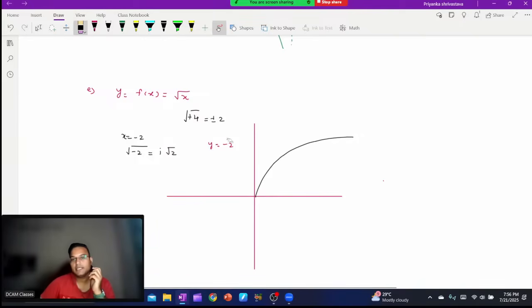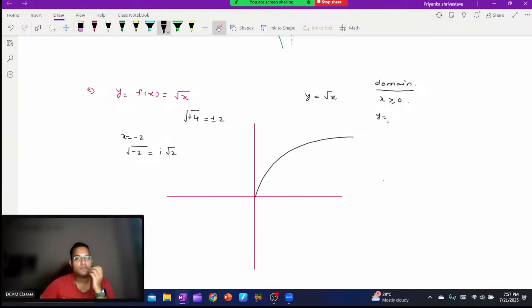But just think this way. You are solving and you're getting y equal to -2. But haven't we discussed earlier, when y is equal to root x, the x should be greater than or equal to 0 always? This is the domain, the possible domain values. Now when you have taken x as greater than or equal to 0, can it be possible in any case that you will get y as negative?